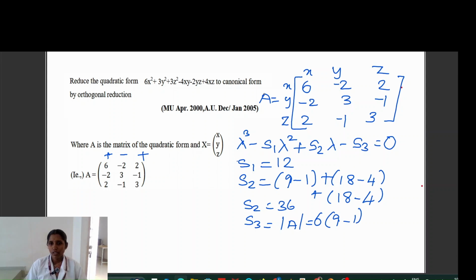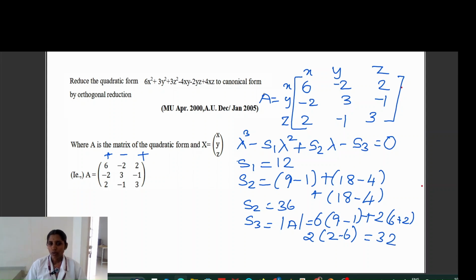So, plus 2 into, omitting row and column of 2, we get 2 threes are minus 6, 2 ones into minus 2, so 6 plus 2. Next one, 2. So, 2 into, omitting row and column of 2, we get 2 into minus 1, 2, 2 minus 6. By solving this, we get S3 equal to 32.